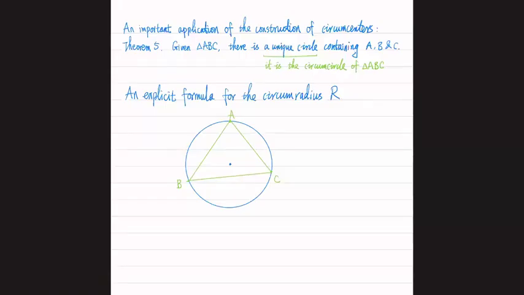I'm going to choose A. You can use different vertices. Draw a diameter. I choose A, so I connect A through the center. I call this point D. So AD is the diameter.